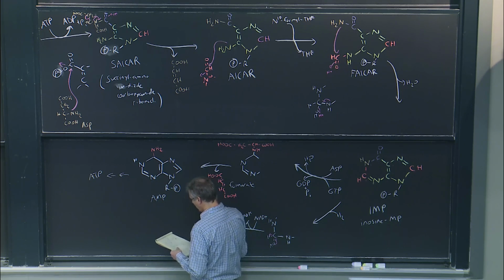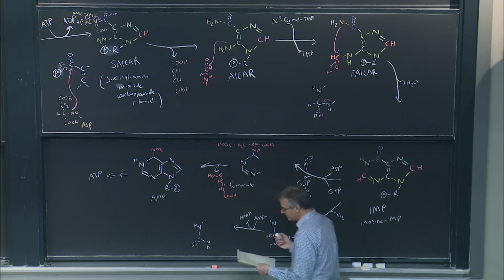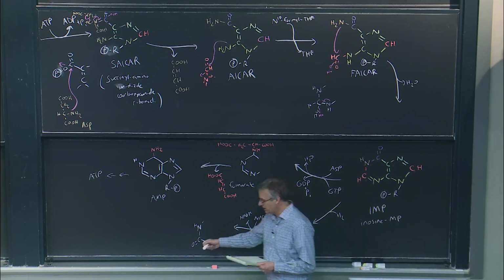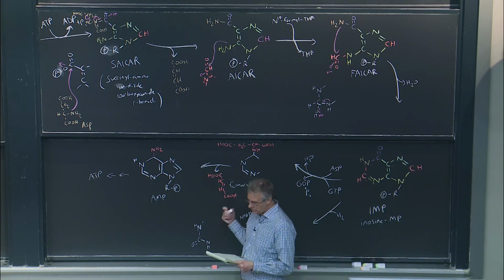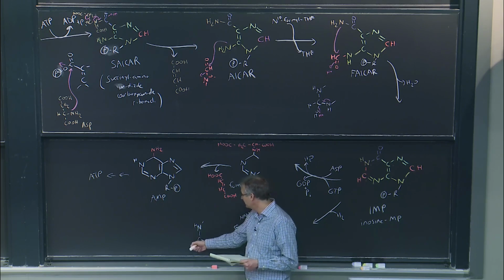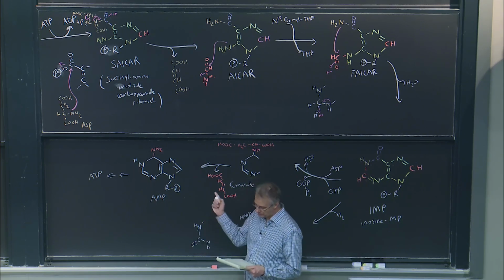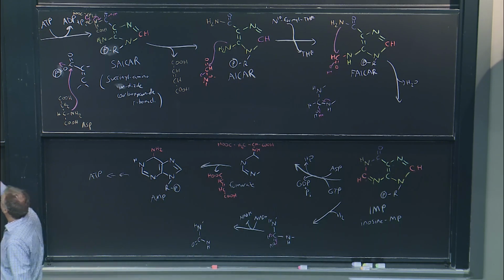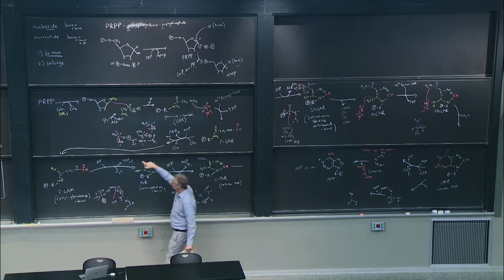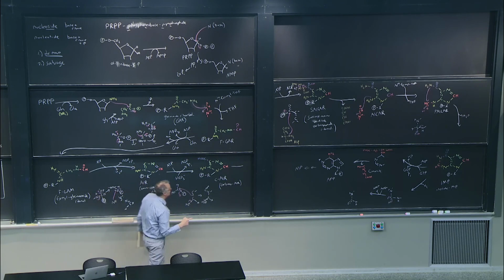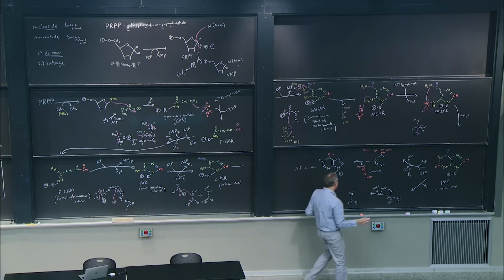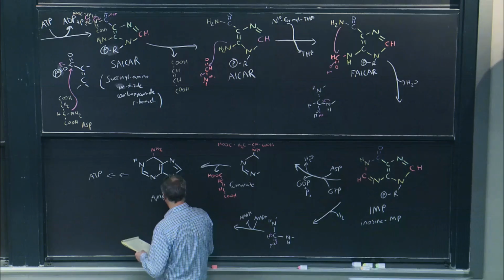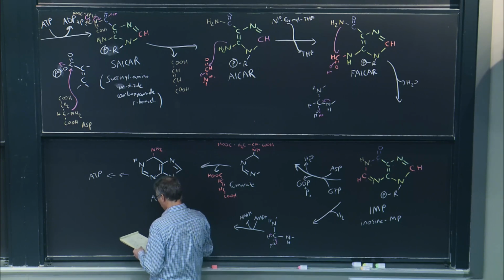Okay. And then the next step is that we're going to take that ketone that was generated here, and we're going to turn it into, basically replace that oxygen with a nitrogen. And so that's exactly the reaction that we saw when we went from FGAR to FGAM, all right? Same reaction that I used to go from FGAR to FGAM.